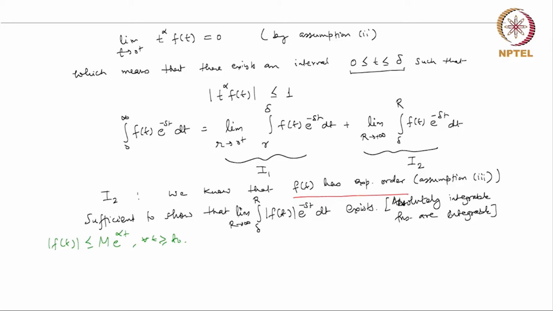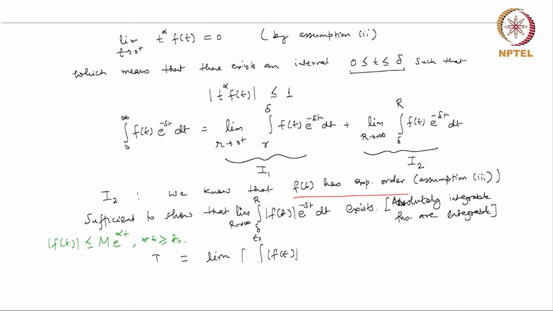So we are going to break up this region again, from delta to t naught and from t naught to r. So we can write I2 as the limit as r tends to infinity of the integral from delta to t naught of modulus of f(t).